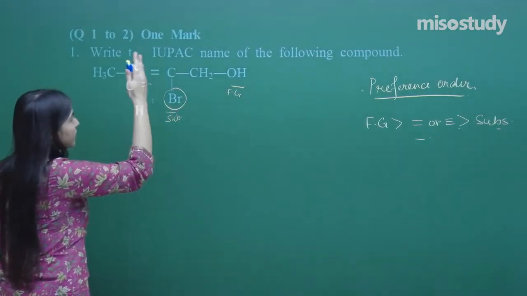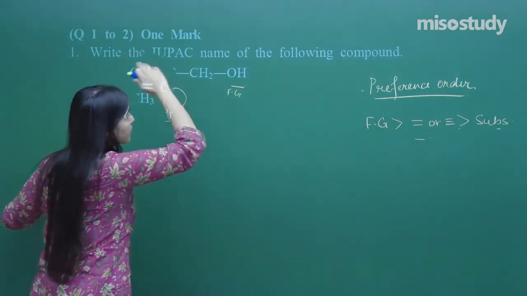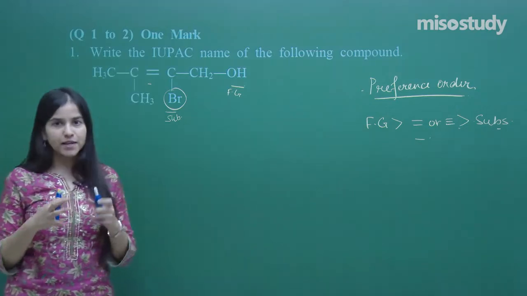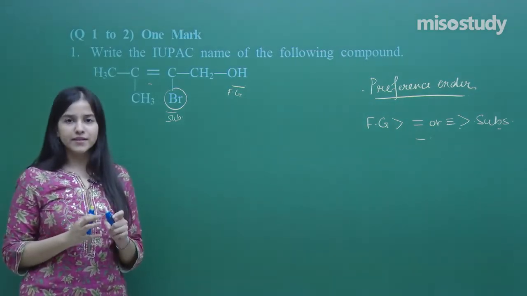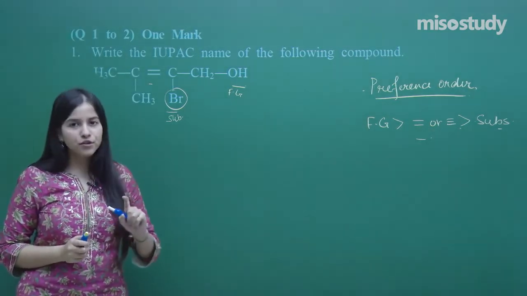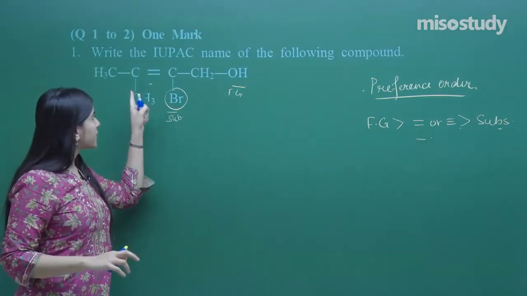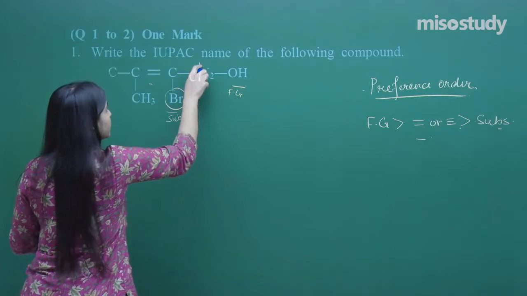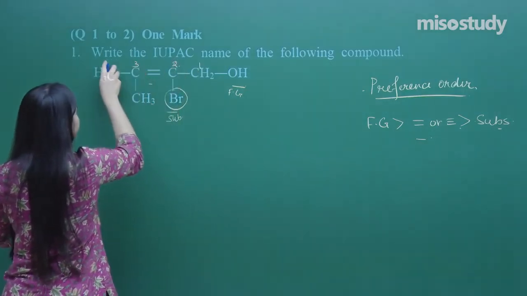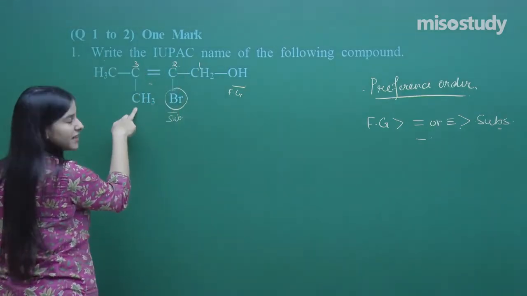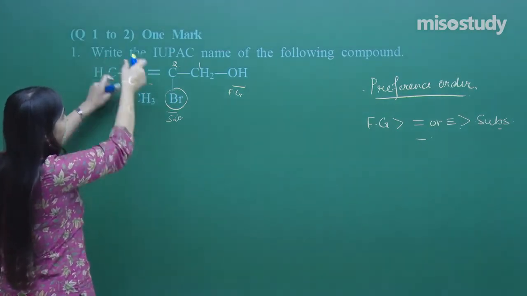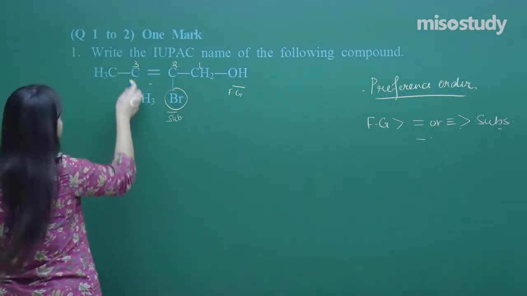Now the double bond will be given preference, then the substituent, and least is the functional group. So whenever such a confusing state comes up, always prefer the functional group no matter what number is given to the double bond or the substituent. Clear? So 1, 2, 3 and 4 could be here or here. It's one and the same thing because these are identical. I can exchange them, right?